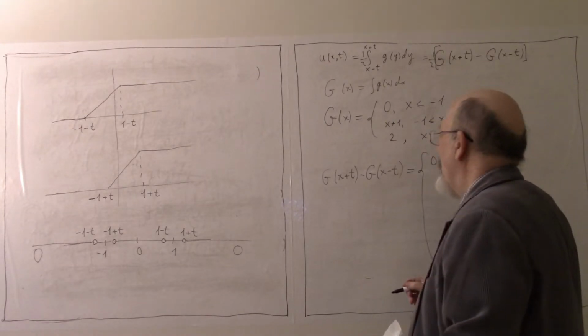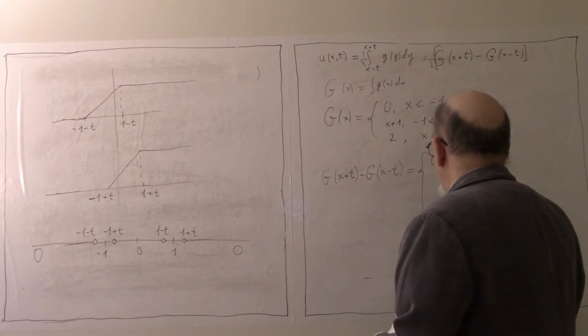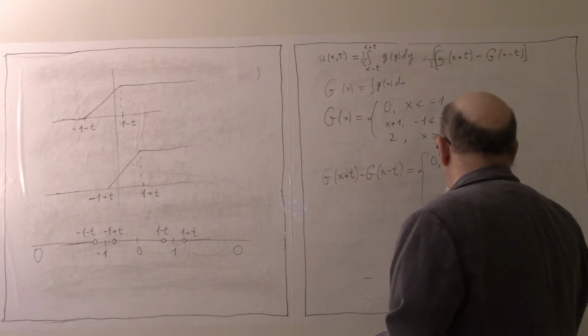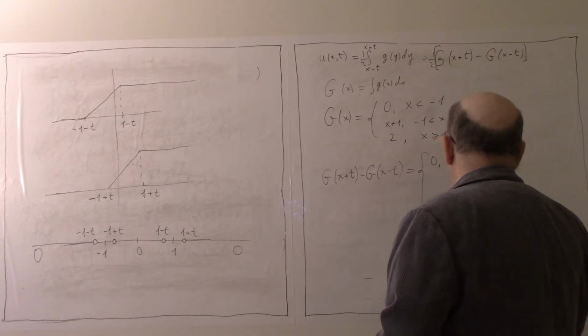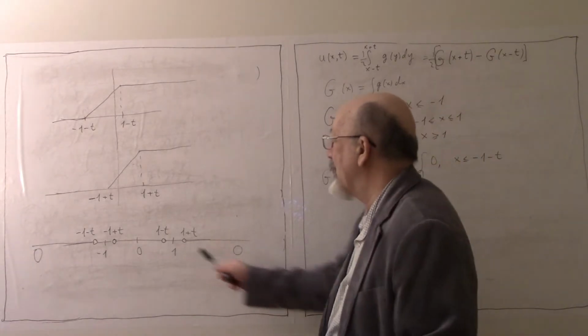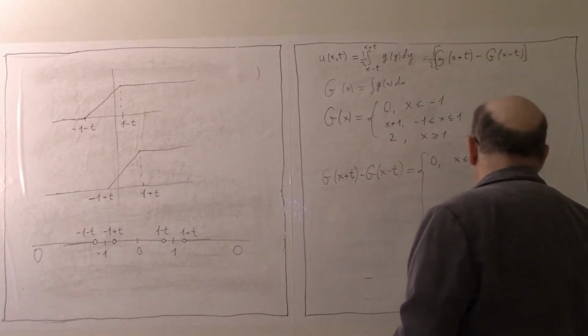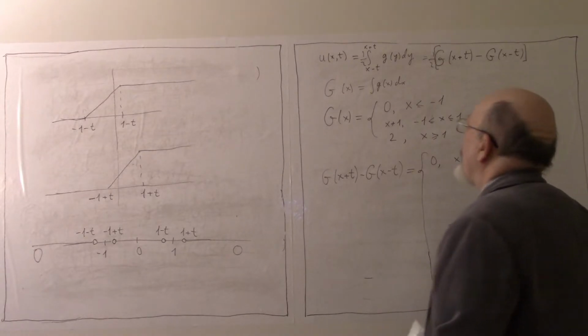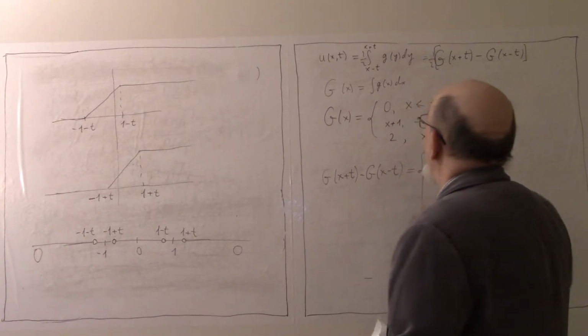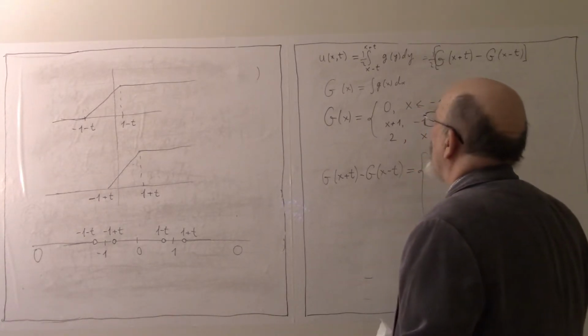It is 0 when x is more than 1 plus t. And here we have to see which part of this works.